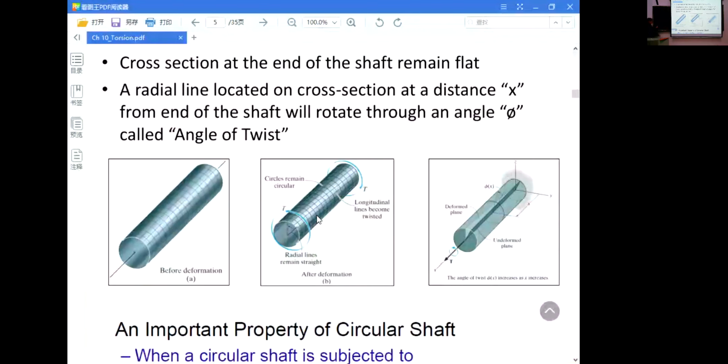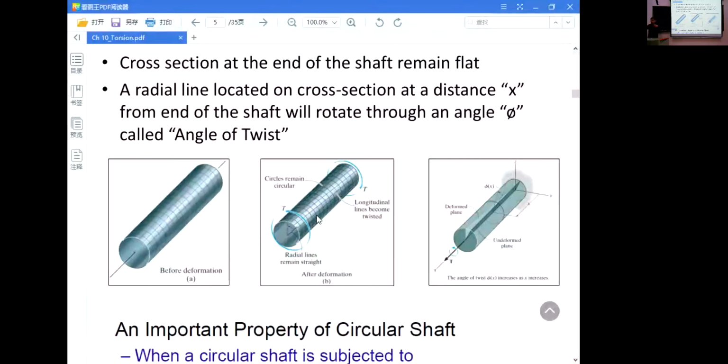So for every point, we can resolve it into its two components: this one, this one, and this one. Consider this component.